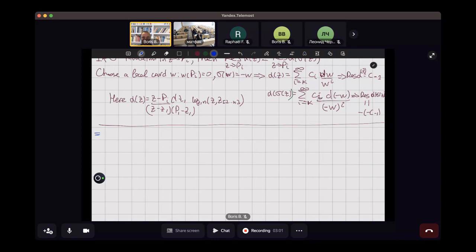Yes. So this means that we use symmetrization and anti-symmetrization in this variable W, in the first variable W. Okay, so is it clear?